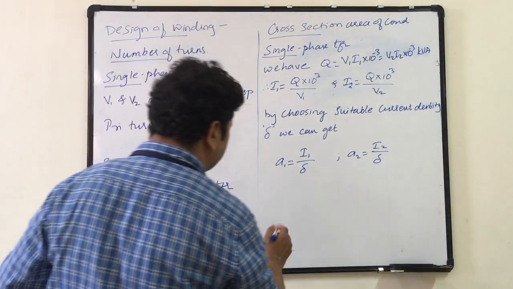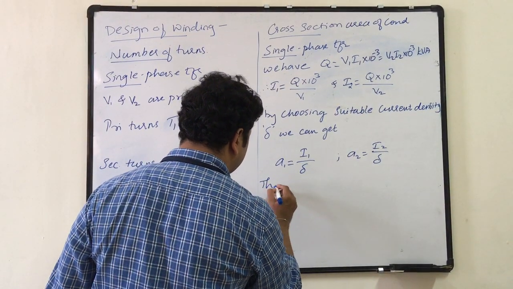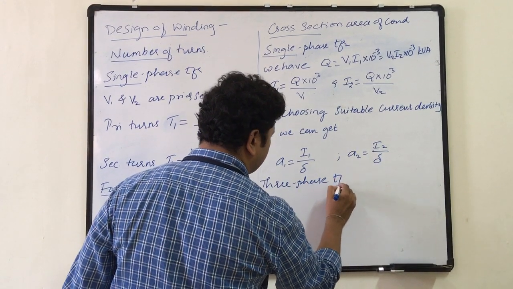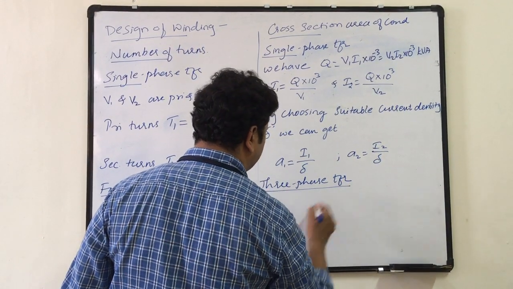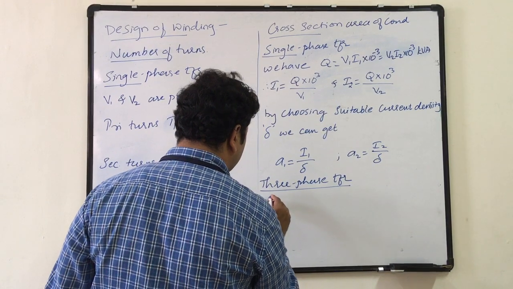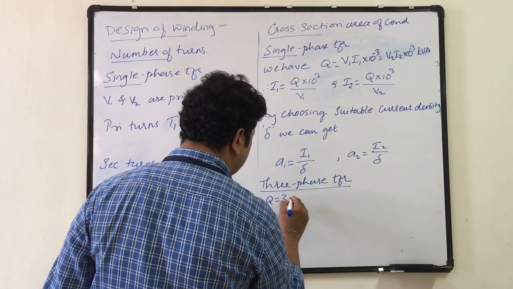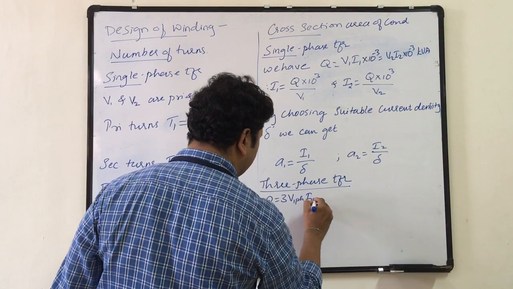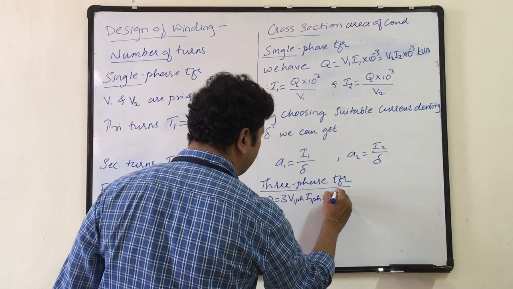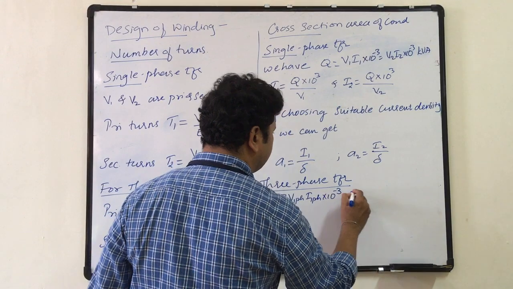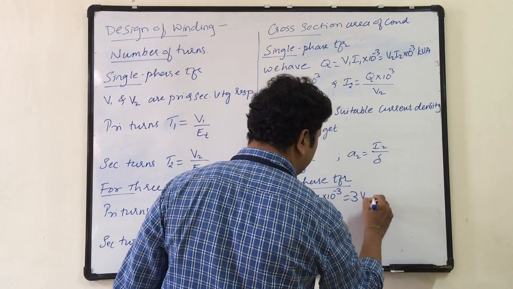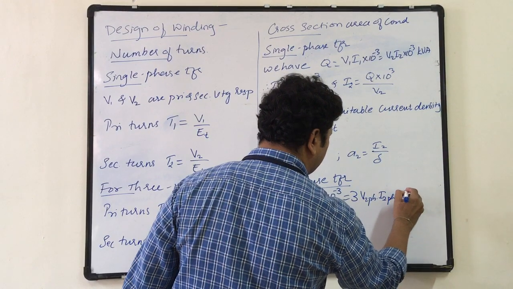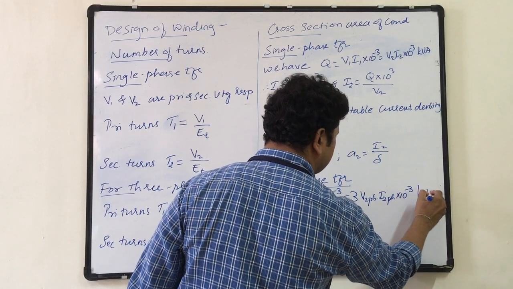Similarly, for a three phase transformer, my Q will be 3 V1 ph I1 ph into 10 to the power minus 3 equals 3 V2 ph into I2 ph into 10 to the power minus 3 kVA.